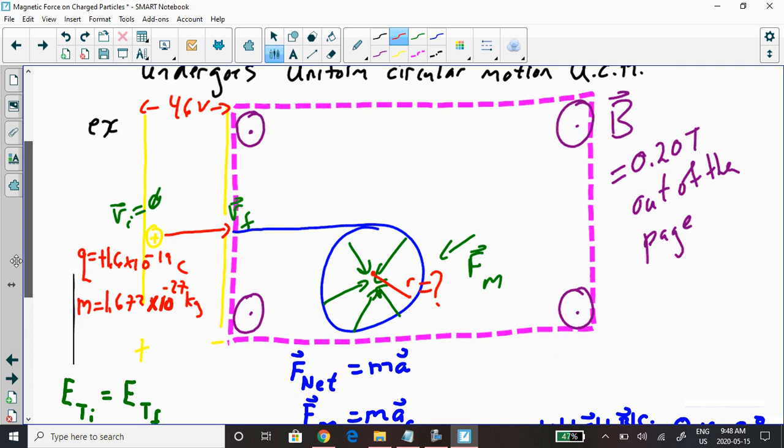So here's the situation. Right here, I have two charged plates. Positive plate here, negative plate here, and there's a voltage difference across it of 46 volts. And I'm holding a positively charged particle here, it's a proton, with this charge on it, positive 1.6 times 10 to the negative 19 coulombs.